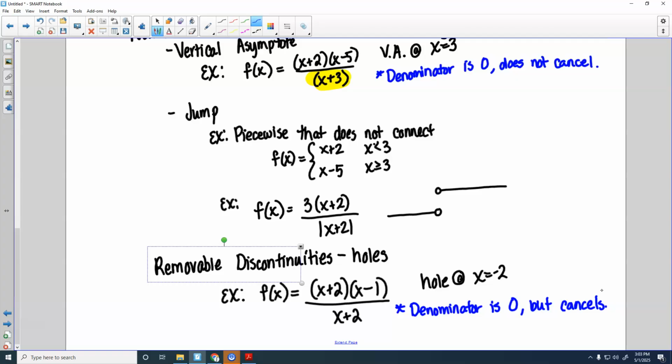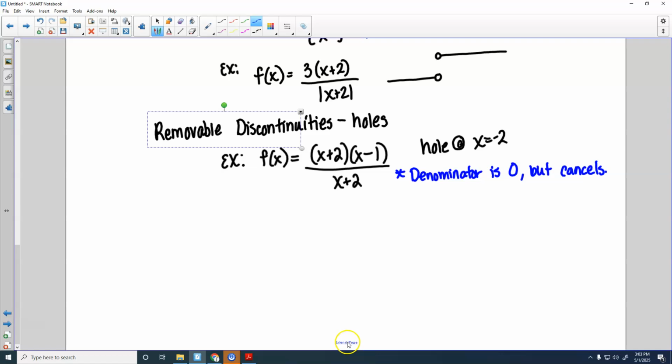Not all of these types of questions are on here, but the intermediate value theorem was in this section. Let's do that one.